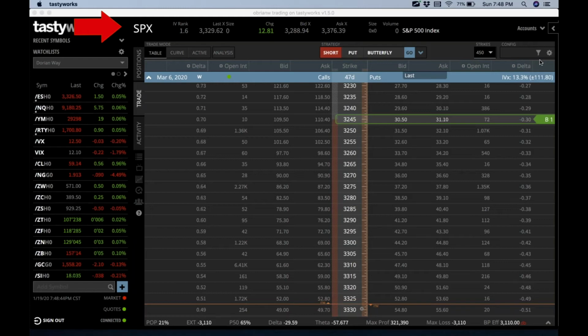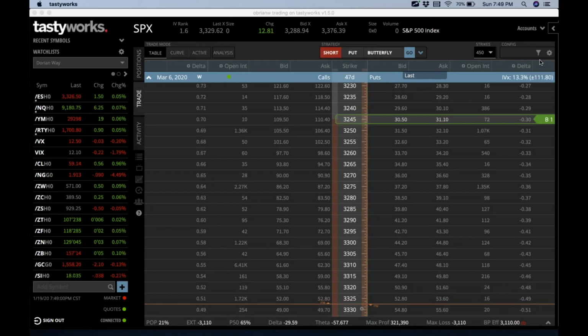Once again, this is 47 days, so based on implied volatility right now, an expected move of plus or minus 111 is expected based on these options. So probabilities are based on expiration.